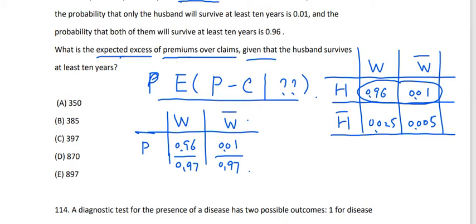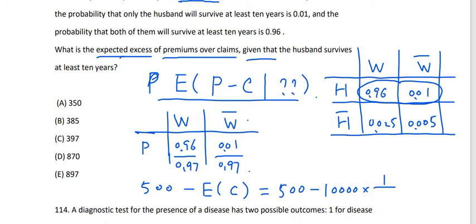The premium is 500, so it equals 500 minus the expectation for the payment, for the claim. So 500 minus: here we pay 0 and here we pay so much, and the probability is 1 over 97.